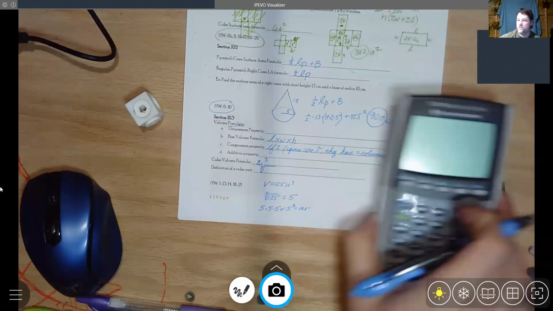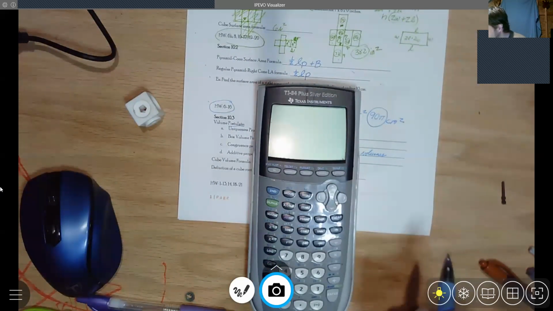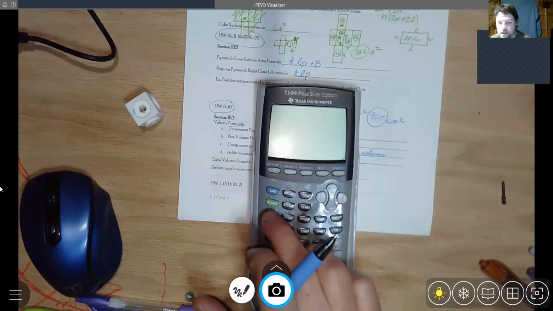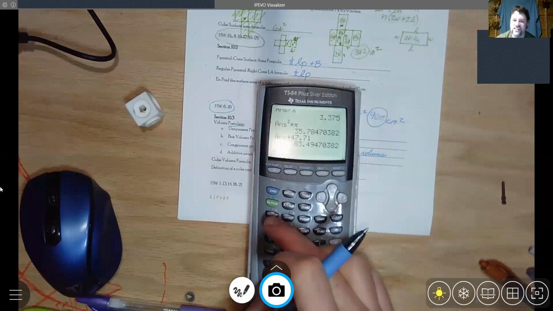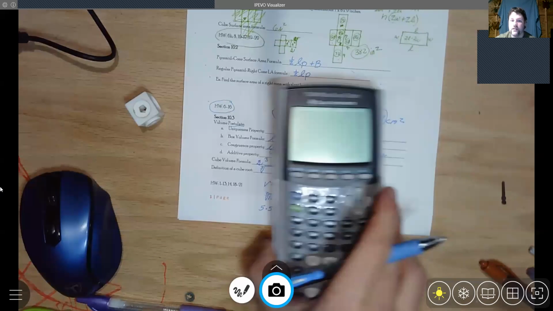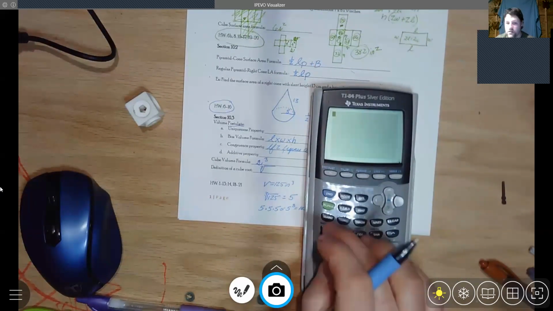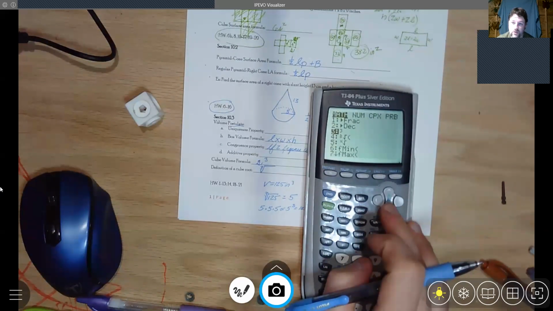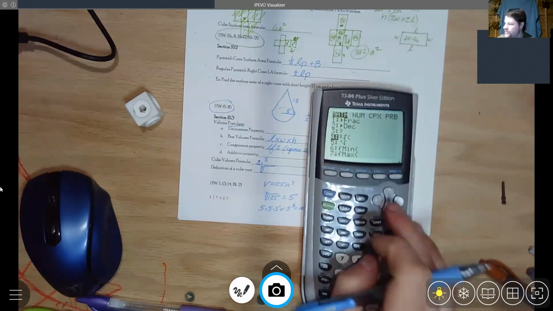On your calculator, you can do this in two ways. One, there's actually a cube root button. So I'm going to turn the calculator on. Math, down here, that's the cube, and there's cube root.